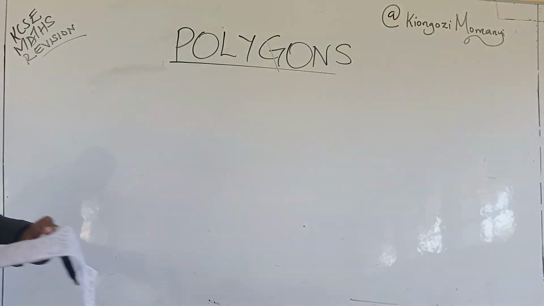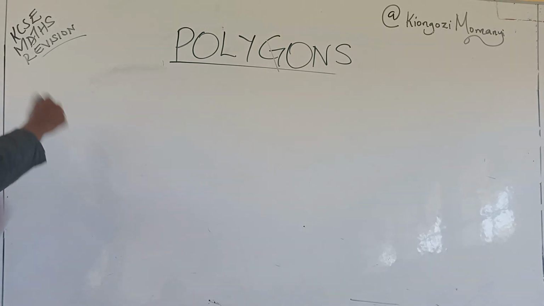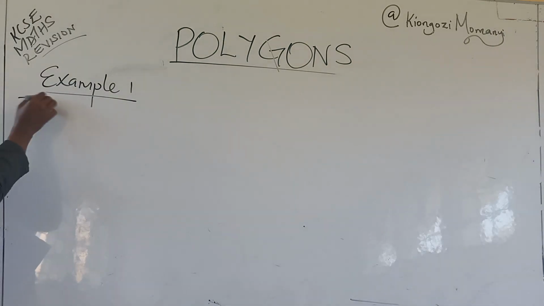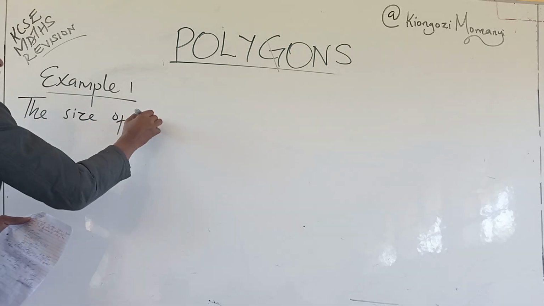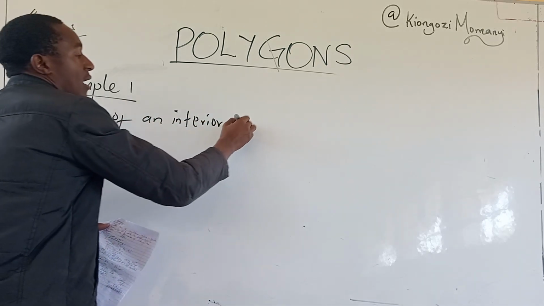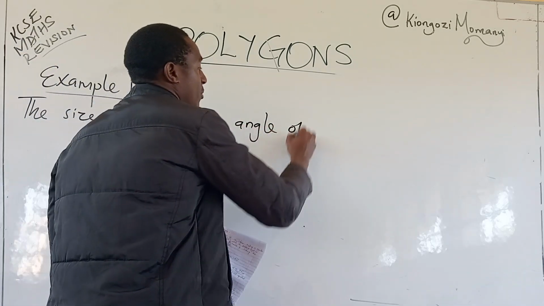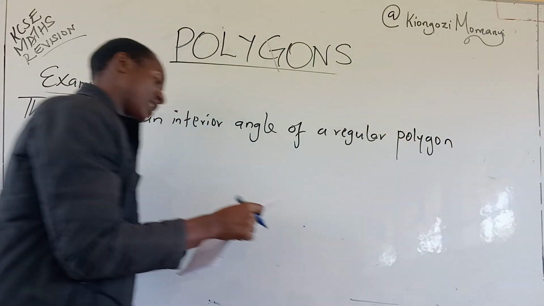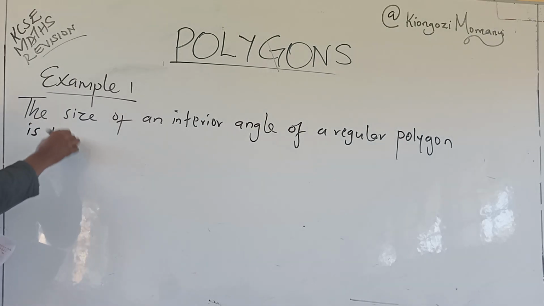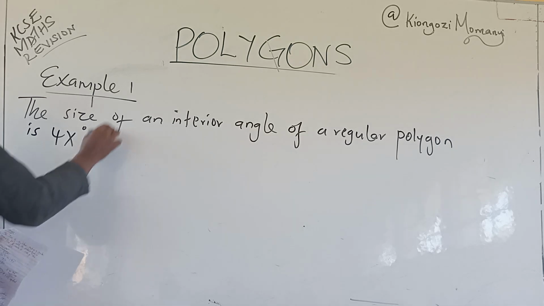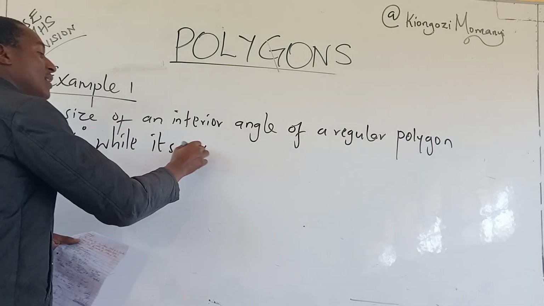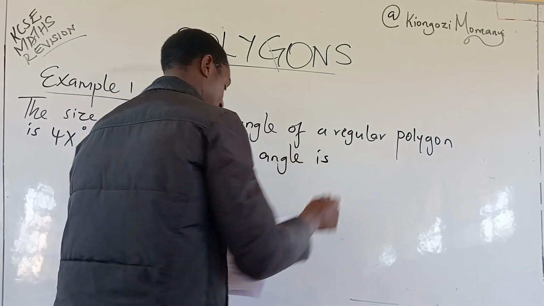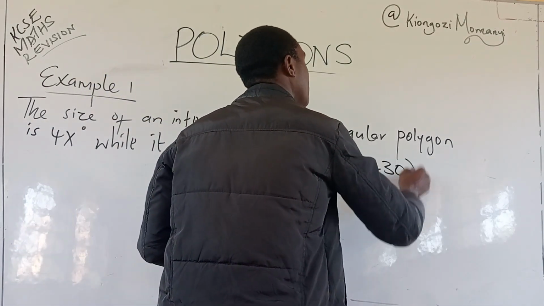So we start with the first example. Example 1: The size of an interior angle of a regular polygon is 4x degrees, while its exterior angle is x minus 30 degrees.